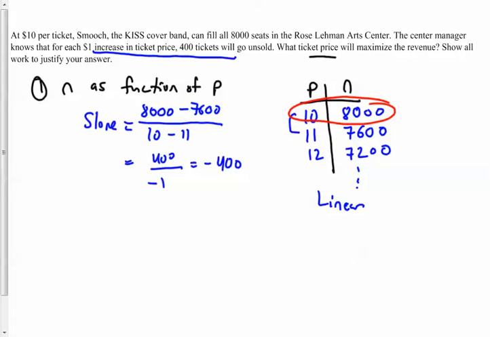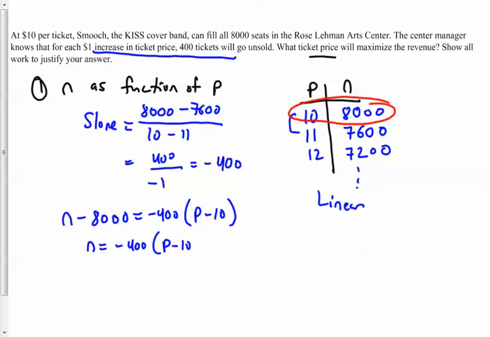So setting it up in my point slope form, I know the number of tickets minus the number actually sold, 8,000, should be equal to my slope times the price minus 10. Bringing everything to the other side, I can see the number of tickets should be negative 400 times each price increase over 10 plus 8,000 tickets.